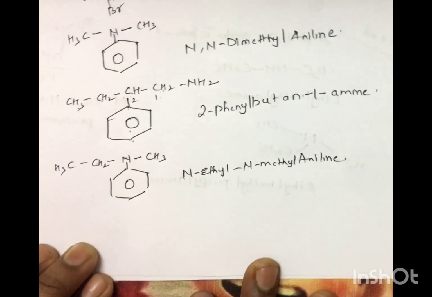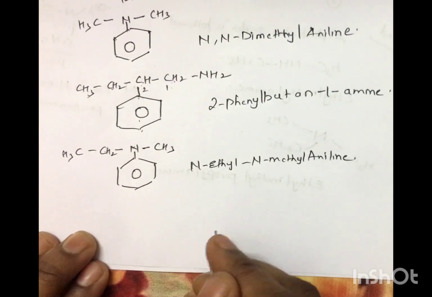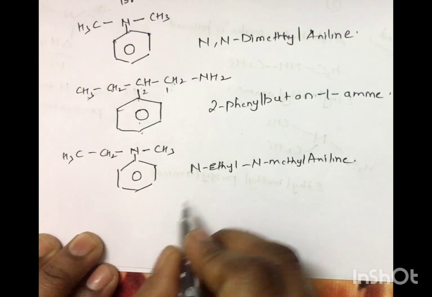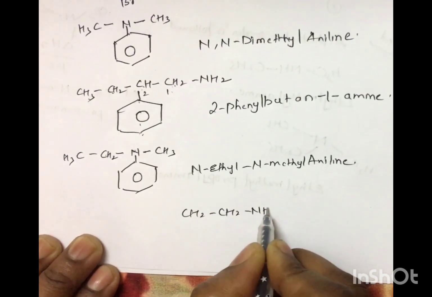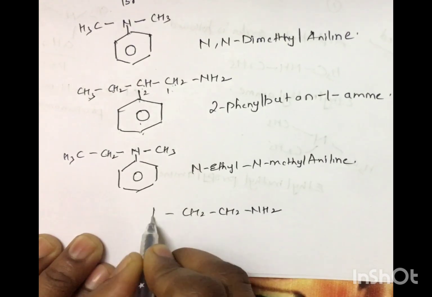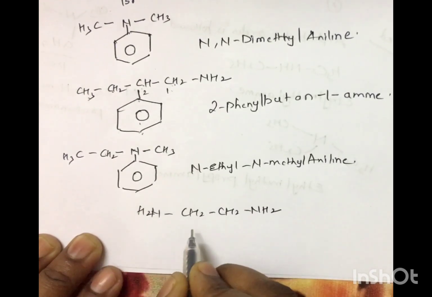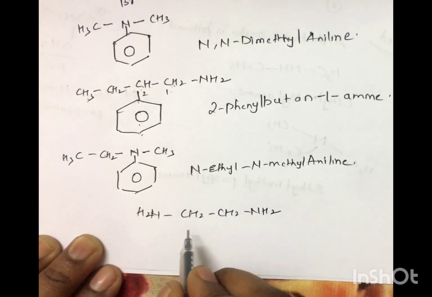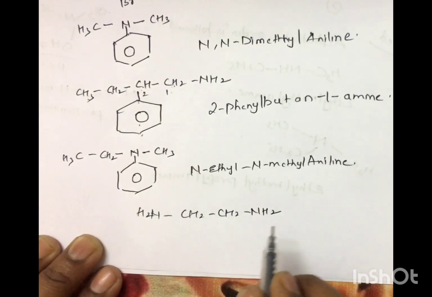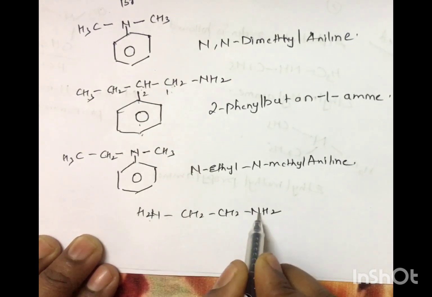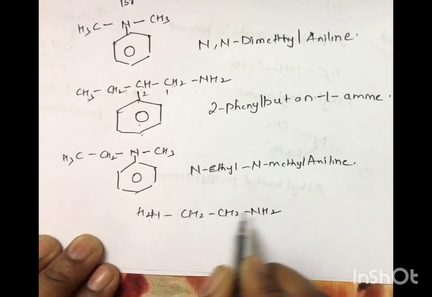If there is more than one amine in a compound, for example CH2, CH2, NH2 and NH2, then the E is retained in the respective alkane and a numerical prefix is added.